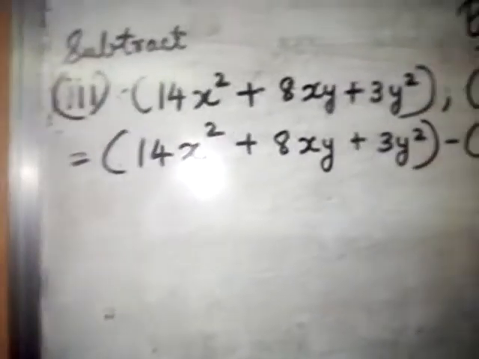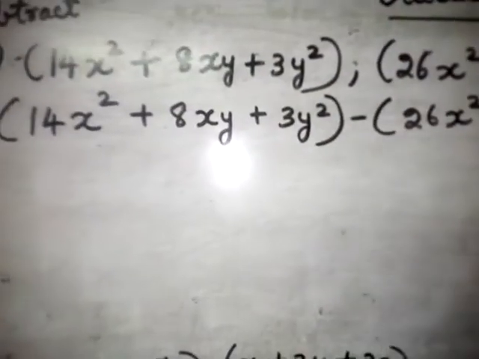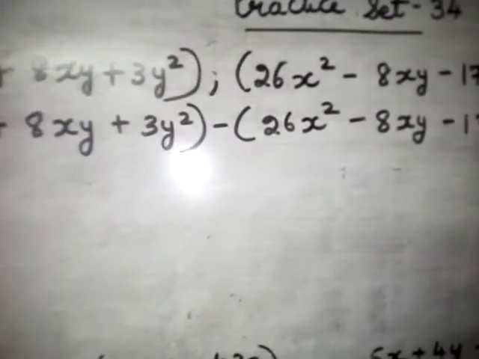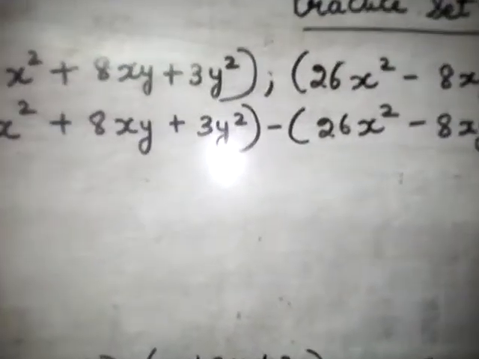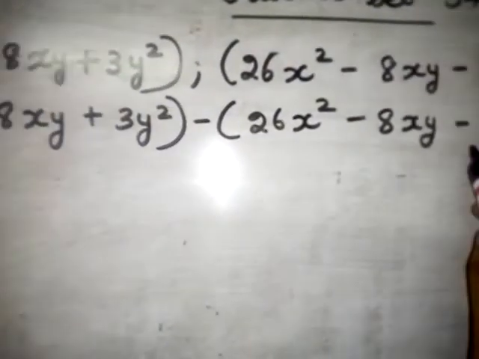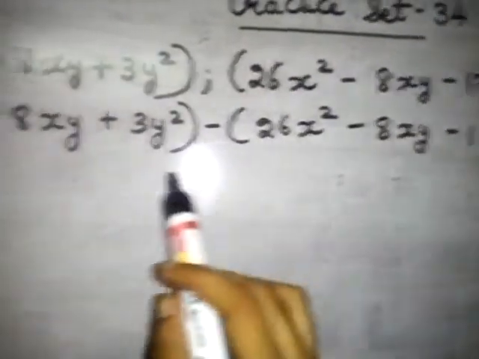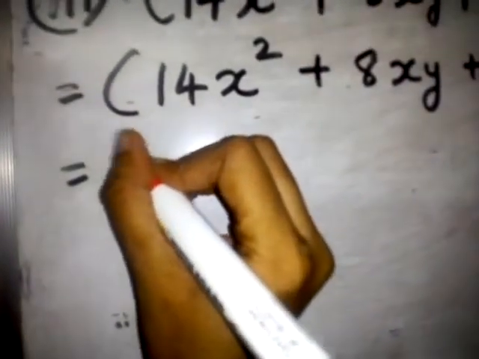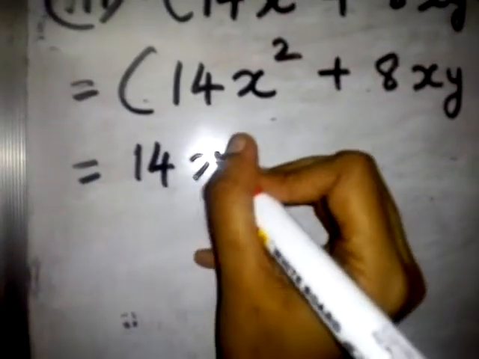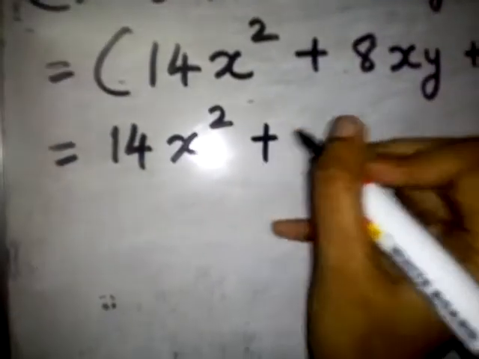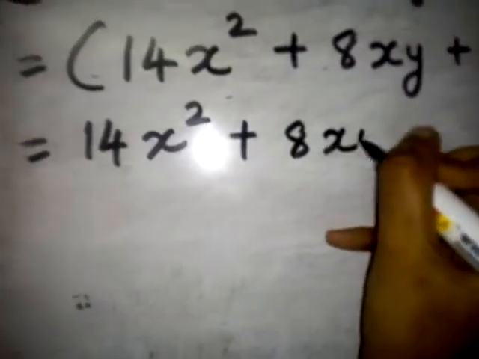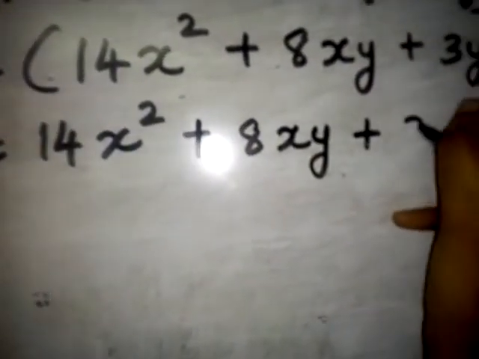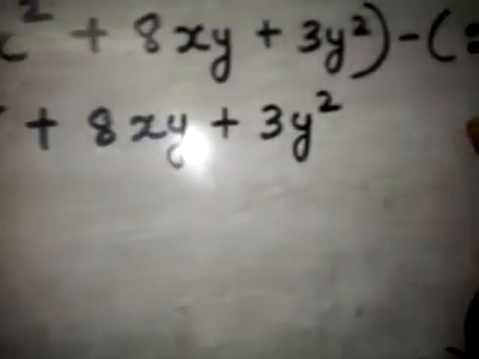Now see these both expressions in trinomial form. Always you have to convert the sign in the second bracket, which is the given sign, not in the first bracket. Now you have to open the bracket and write 14x square plus 8xy plus 3y square.